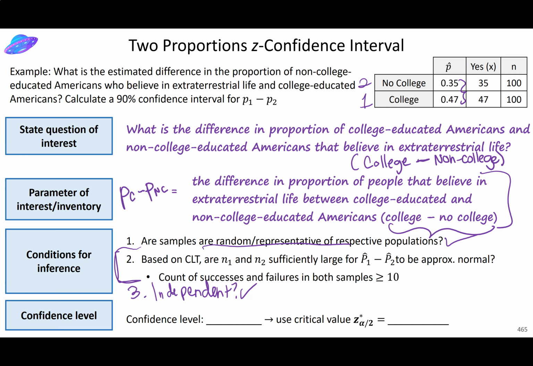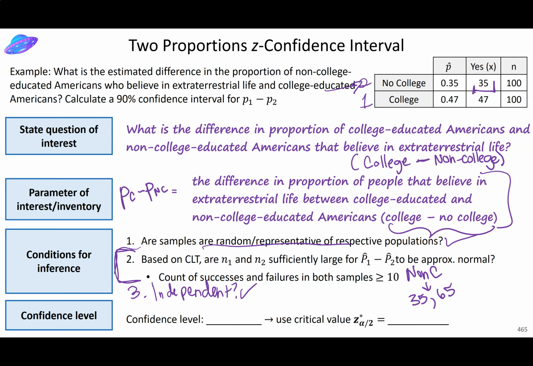So then the condition that takes the most checking is, hey, did we have at least 10 successes and 10 failures in each? So here I'm defining the success as believing in extraterrestrial life. In the no college group, I had 35 out of 100, so I'm going to say non-college: 35 and 65.